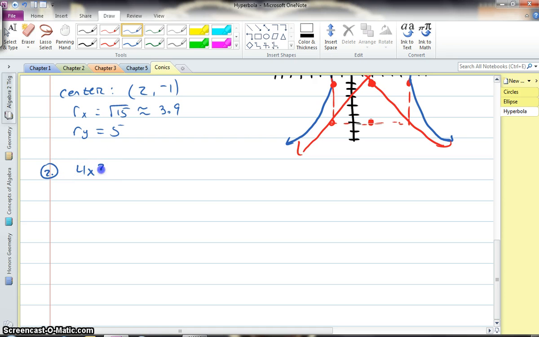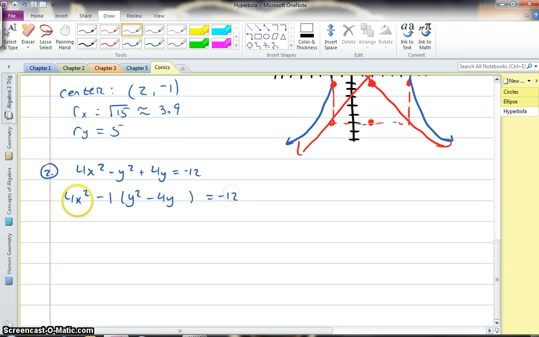So let's go: 4x squared minus y squared plus 4y equals negative 12. Complete the square. 4x squared, well, there's no x term to complete here, so we're going to leave that alone. And here there's a negative 1 in front, so I have to take out a negative 1. I'm going to get y squared minus 4y.